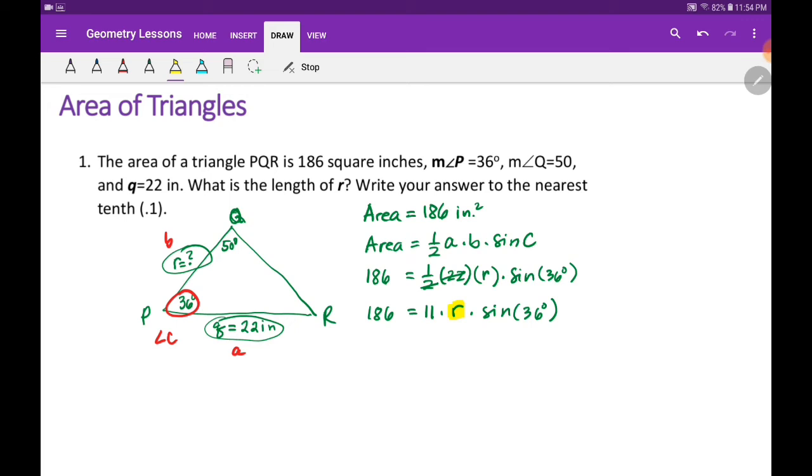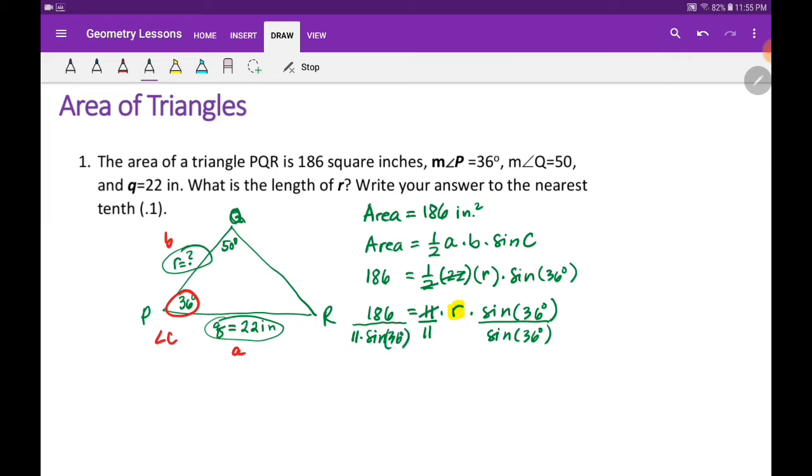In this case, we need to get rid of 11. Let's divide by 11 and let's divide by sine 36 degrees. Why is that? Because we want to get r by itself. Now, once we did that, we have to do the same thing on the other side. So this one will be divided by 11 times sine 36 degrees.